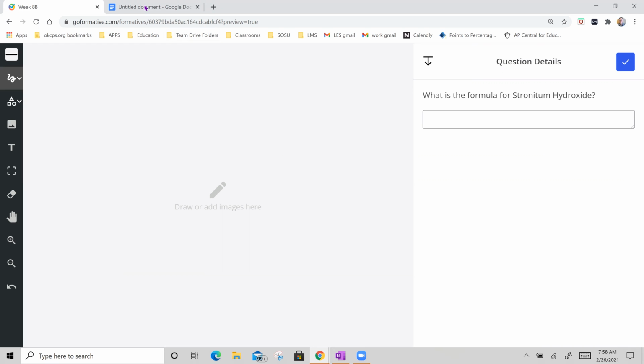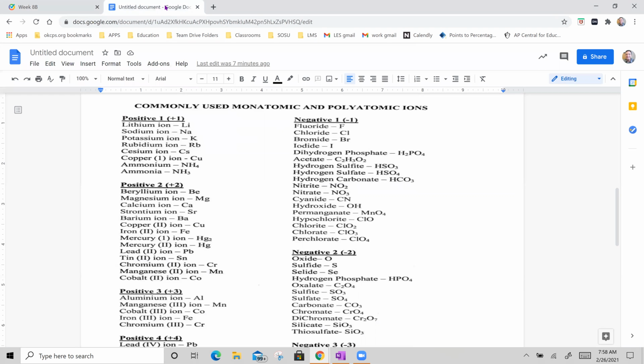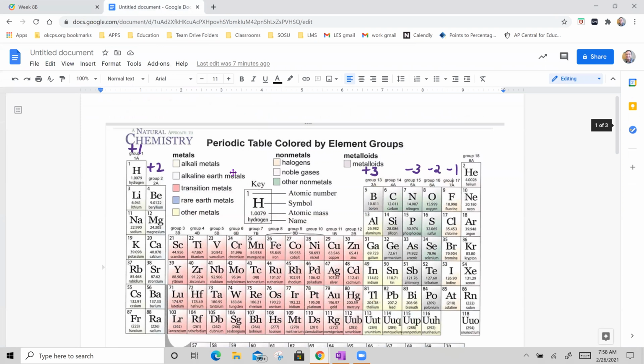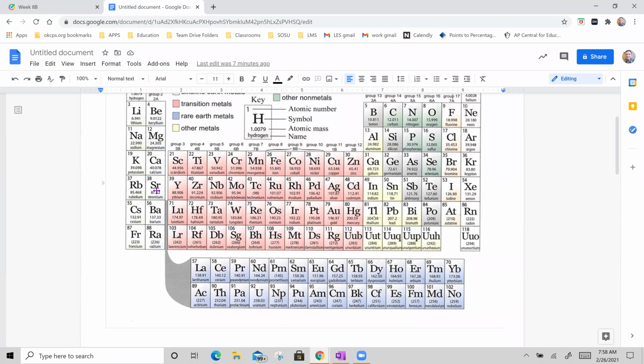The first thing you're going to need to know is the formula for strontium. If you go to your periodic table, you can see right here, number 38, that is strontium. You should have, by now, written on your periodic table the charges above each group.